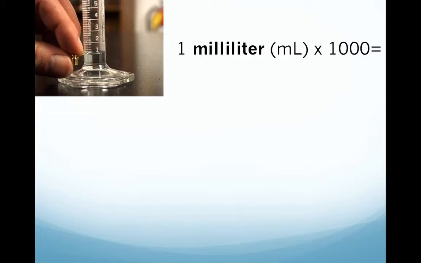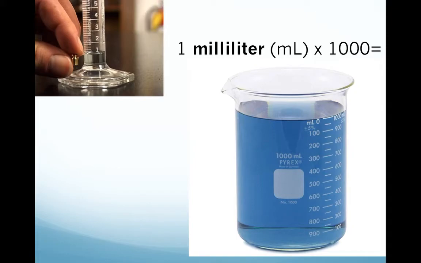So, for bigger amounts of water, we take 1 milliliter and multiply it by 1,000. 1 milliliter times 1,000 equals 1 liter.